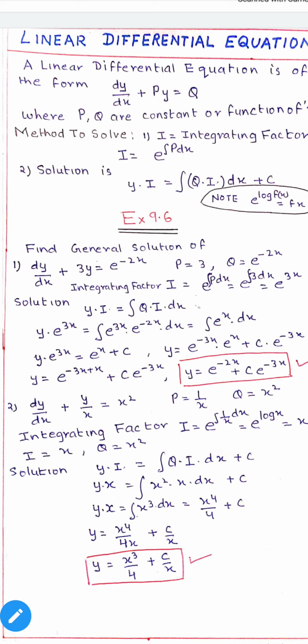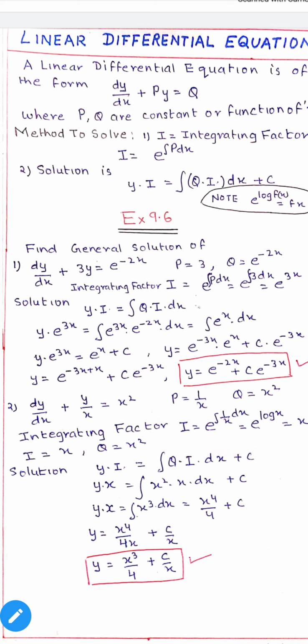We get y is equal to e to the power minus 3x into e to the power x plus c e to the power minus 3x. y is equal to e to the power minus 2x plus c e to the power minus 3x is the solution of the linear differential equation.